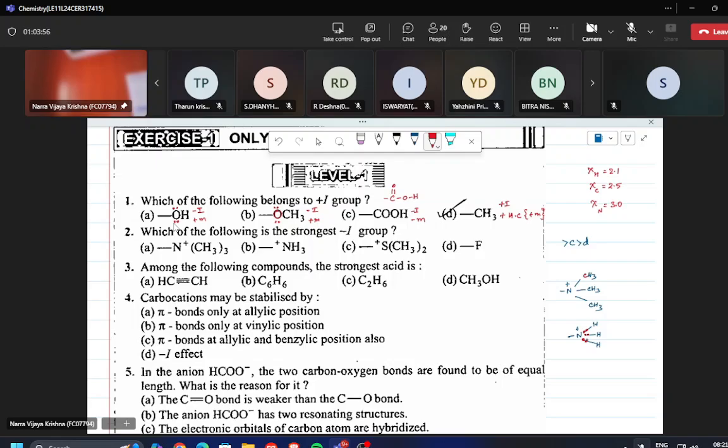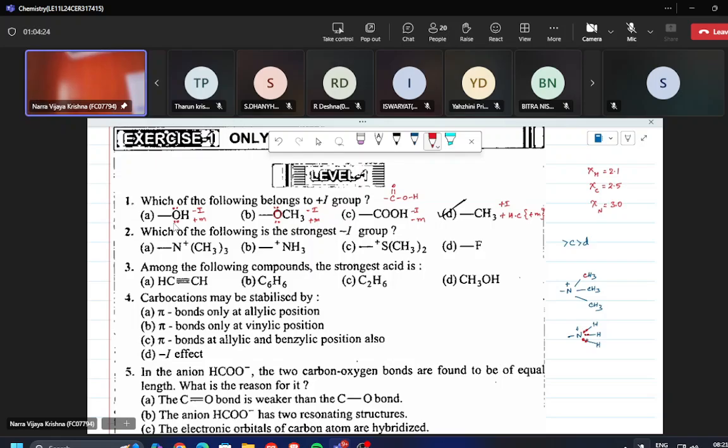Reason? Yes. The first thing is correct, it will donate electrons. Through what? Hyperconjugation. No doubt, it is plus I group, accepted. Now, if you are a good donor, I also have to accept. You are giving, I need to accept.